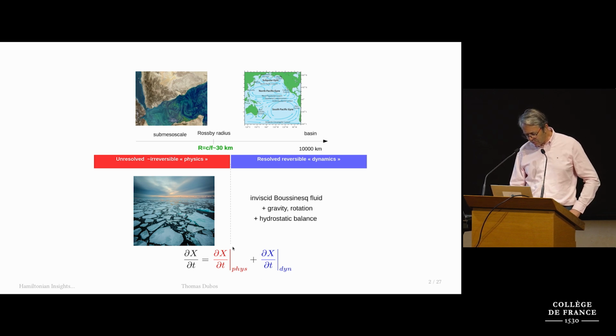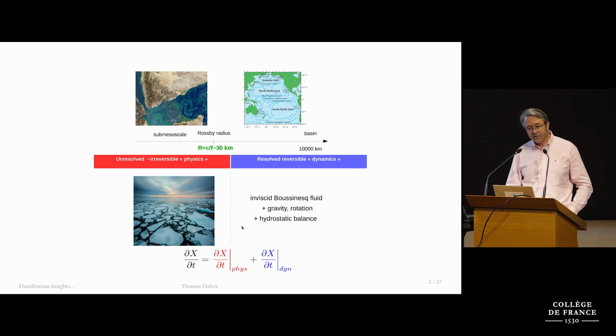This is where I will spend most of my talk, on that comfort zone where we have physical principles and nice equations. But I try to make it in a way that at the end I can connect somewhat to the more difficult part, which is representing these subgrid processes.